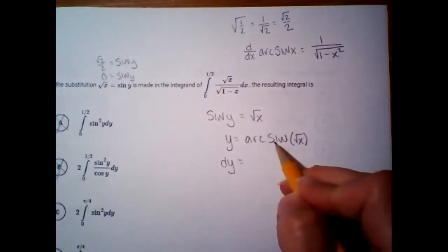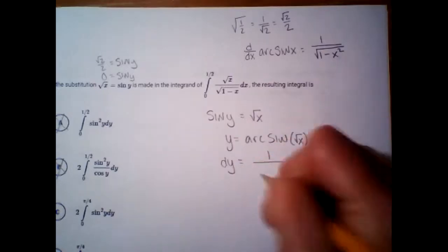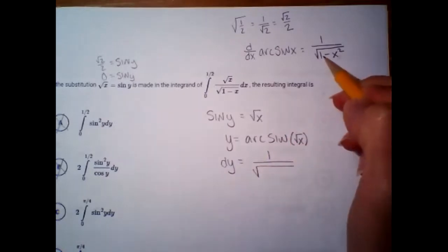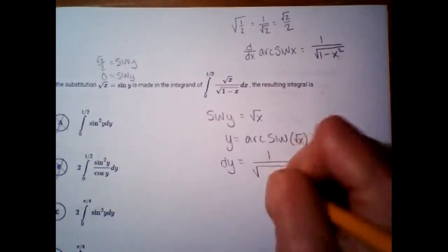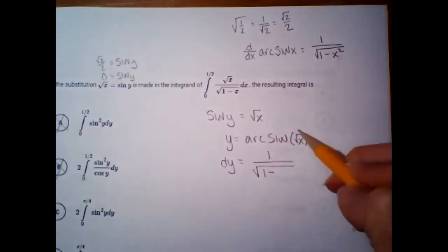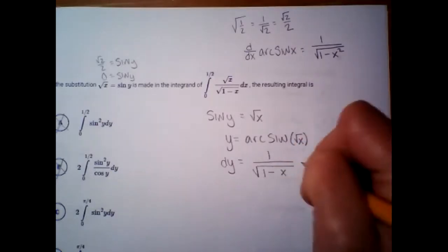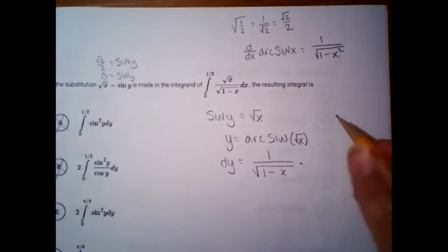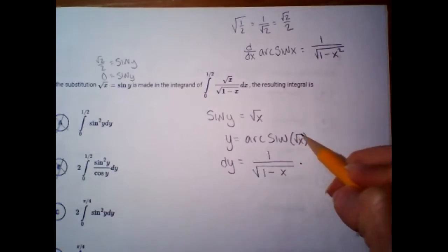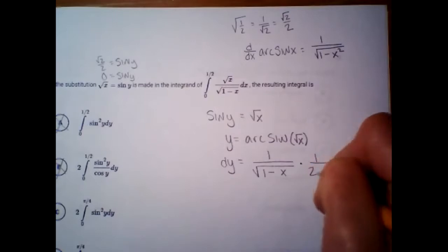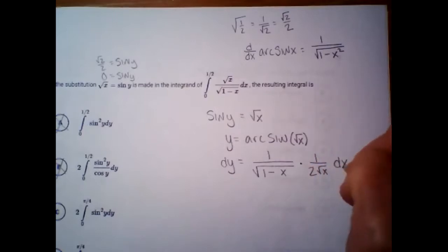All right, but the derivative of arc sine, it's 1 over square root. Now this says 1 minus x squared, but it's 1 minus whatever is there squared. And if I square the square root, they're going to cancel. I'm just going to get x. And then there's a chain rule. So we're going to chain on the derivative of square root, which is 1 over 2 square root of x, and then dx. Okay.